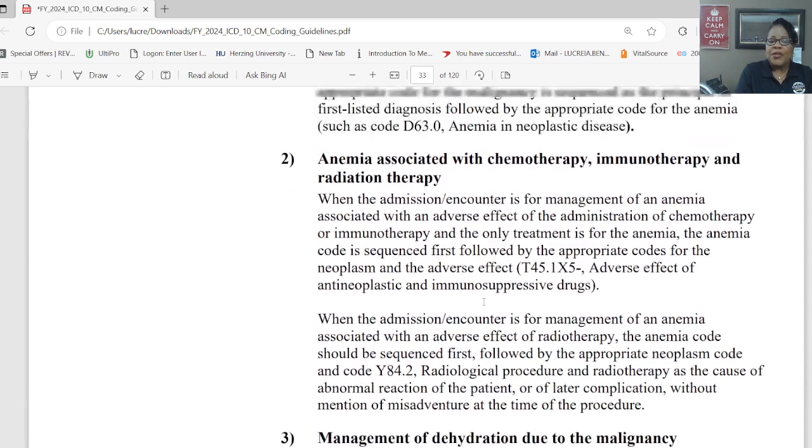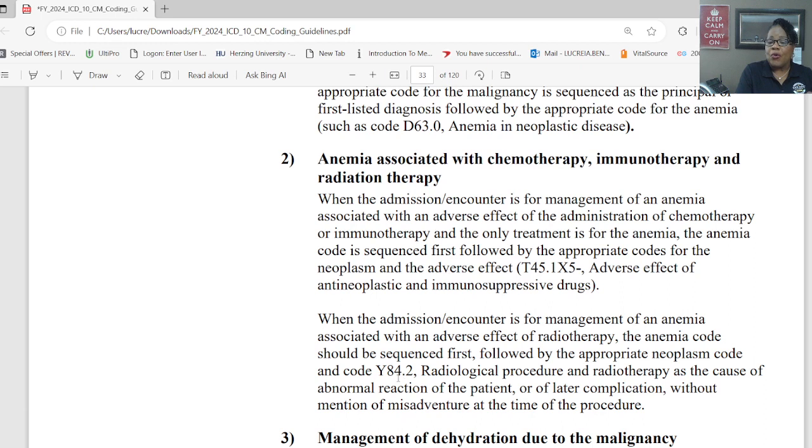It says, when the admission or encounter is for management of an anemia associated with an adverse effect of radiotherapy, the anemia code should be sequenced first, followed by the appropriate neoplasm code and code Y84.2, radiological procedure or radiotherapy as the cause of abnormal reaction of the patient or of later complication without mention of misadventure at the time of the procedure.